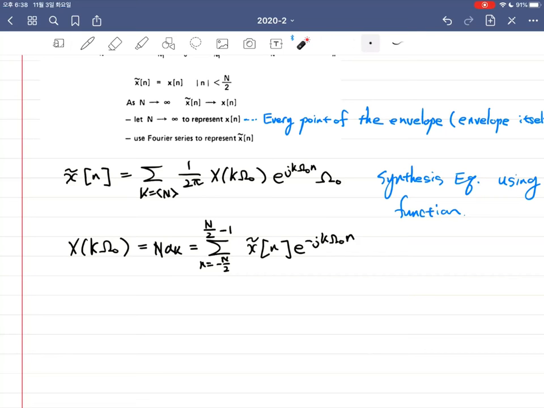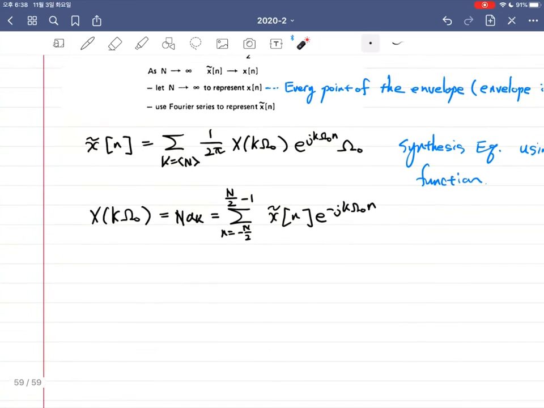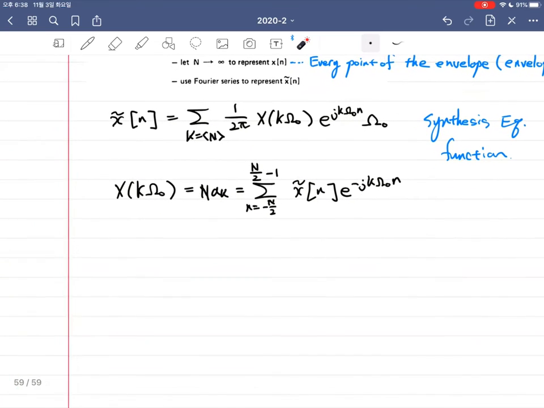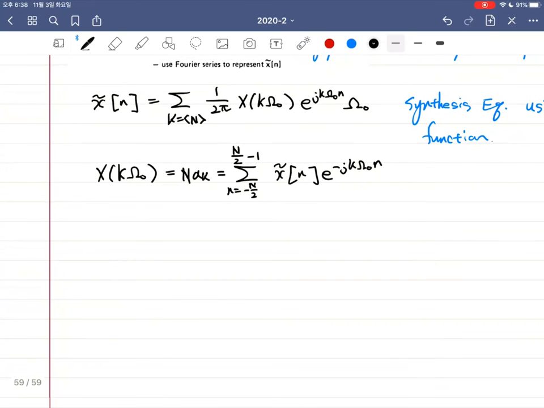Once again, I'm not going to derive these two equations. You can refer to what we did in continuous time, and please compare these two equations with the equations in continuous time for your own good.